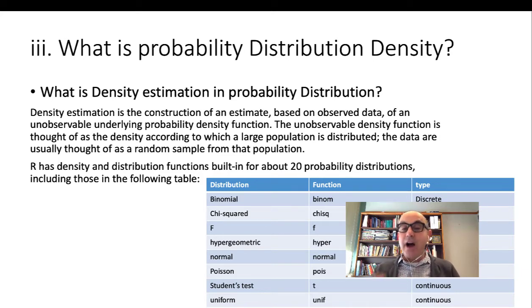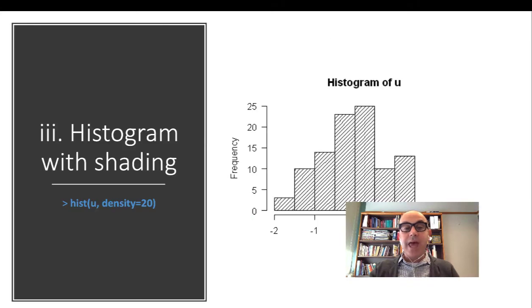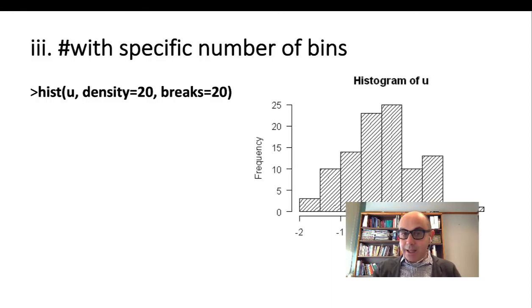All those are functions in R. An example is density estimating probability distribution, and it's the idea that you will be able to build a probability distribution that includes the following tables. And in histogram, it will show something like that. So we will be able to display the density probability of that data.